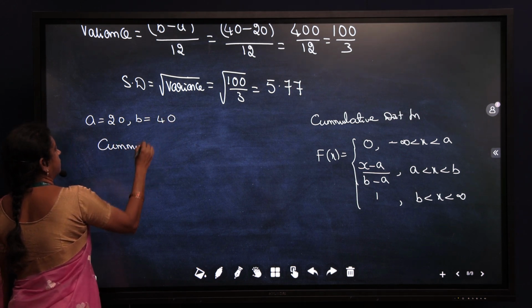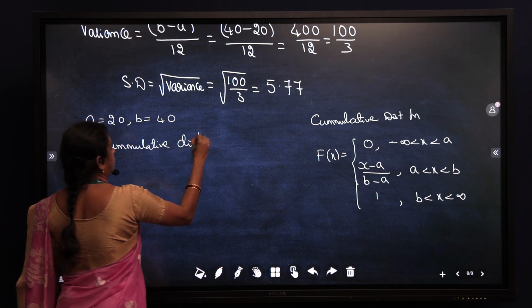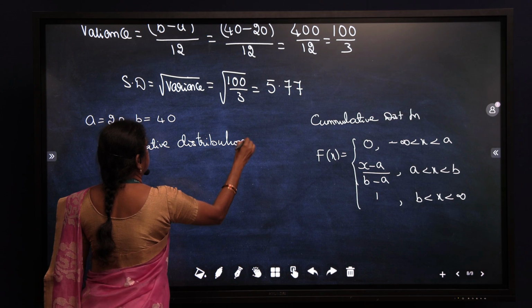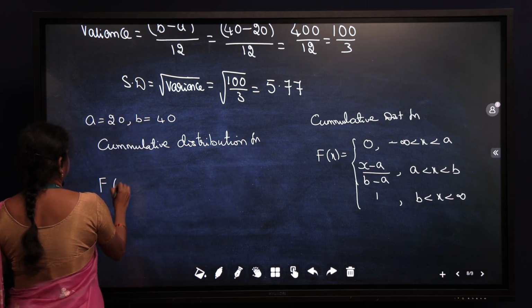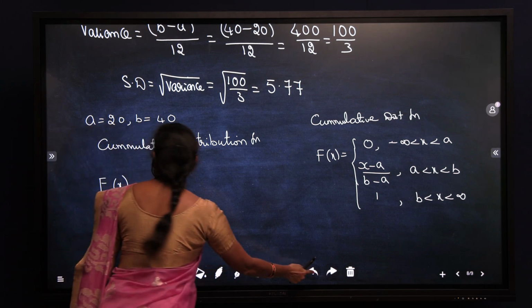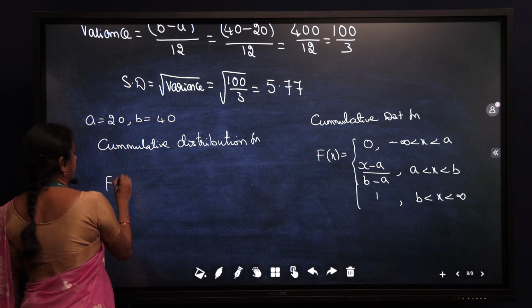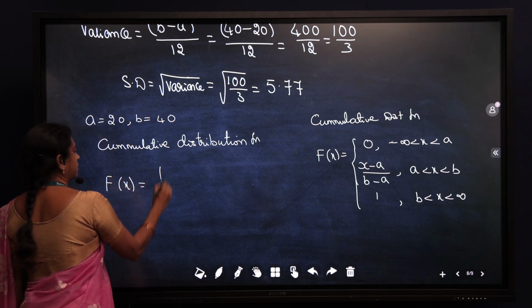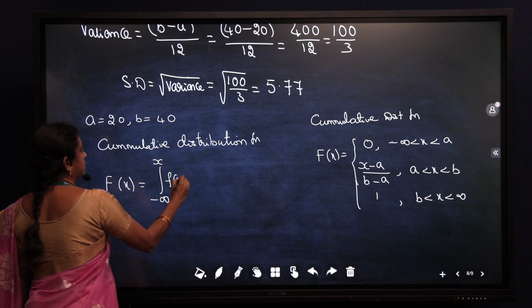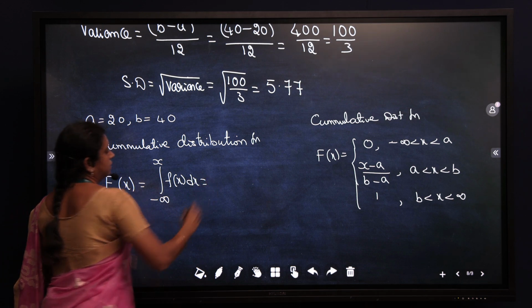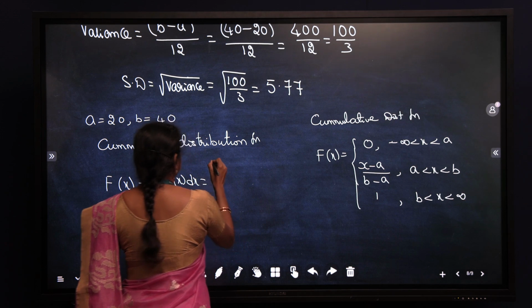The cumulative distribution function is denoted by capital F of x, and is actually given by integral from minus infinity to x of f of x dx, right? We can either take this and solve it, or else we'll use directly the form.